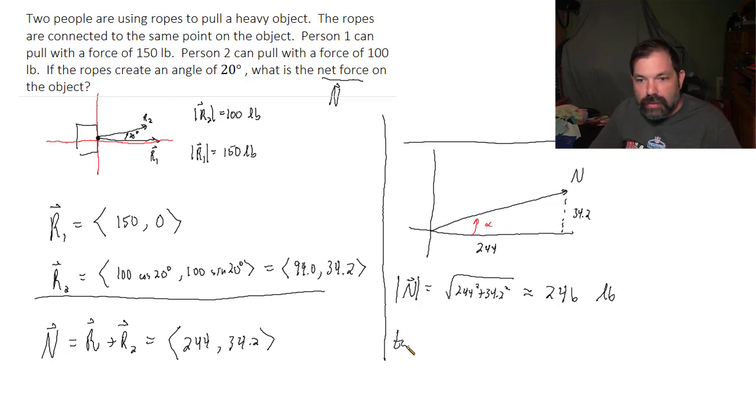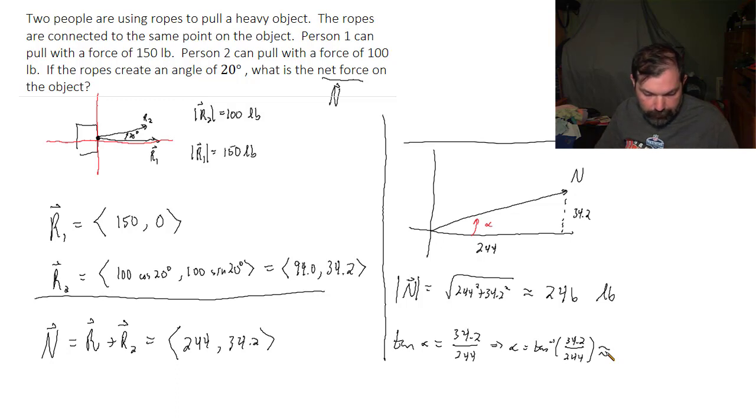The tangent of alpha is 34.2 over 244. So alpha would be the tangent inverse of that, and we can approximate that. It's about 8 degrees.